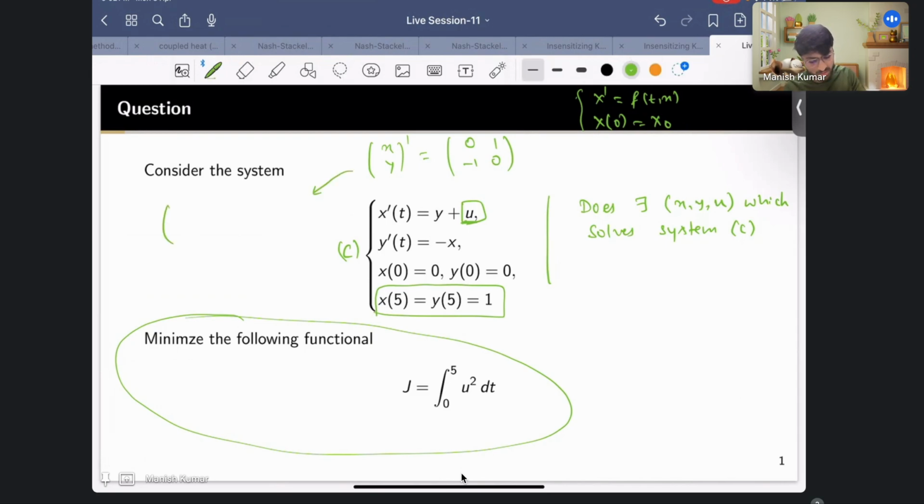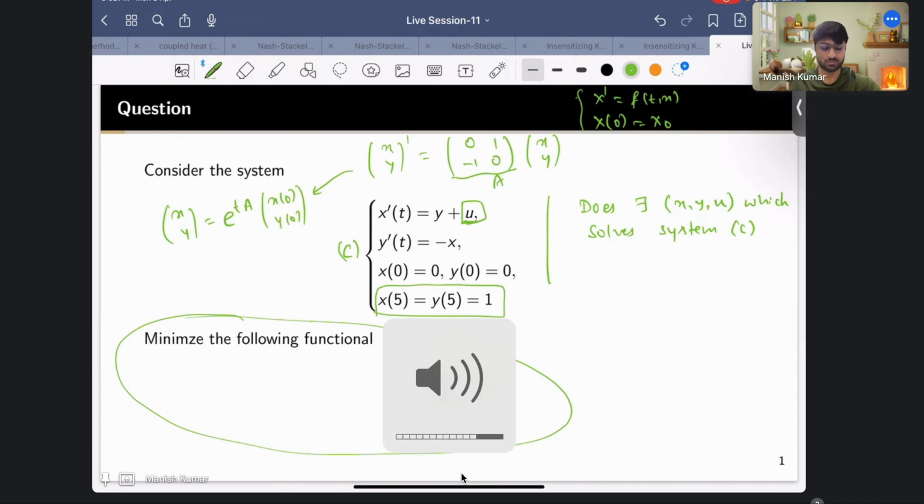Then the solution would be e to the power tA, where A is this matrix, times x at 0 and y at 0. We know that x at 0, y at 0 is 0, so the solution is 0 comma 0. You cannot expect that at time 5 it will be 1.